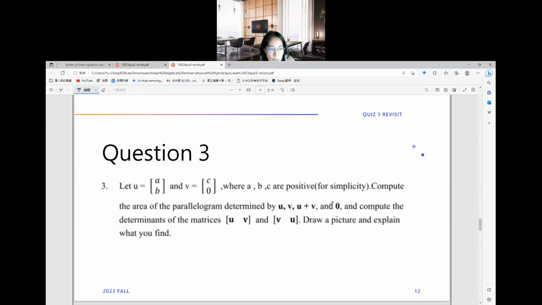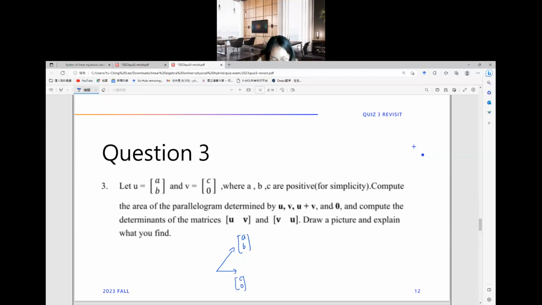And question 3, we have a vector (a, b) and then another vector (c, 0), where a, b, c are positive numbers. So I can compute (a, b) right here. And for (c, 0), it doesn't matter where c is.